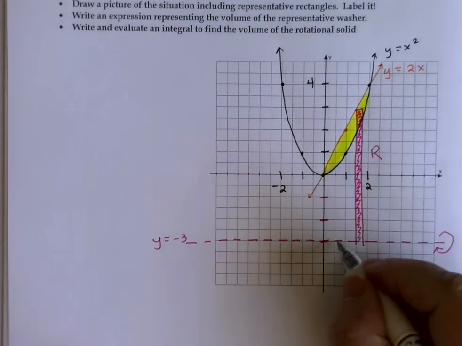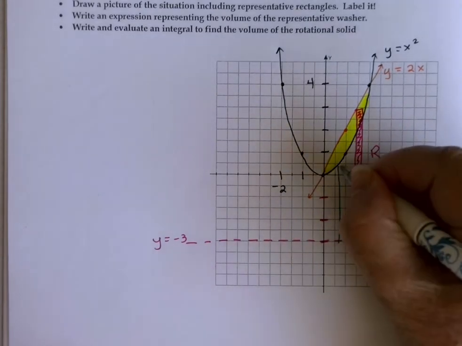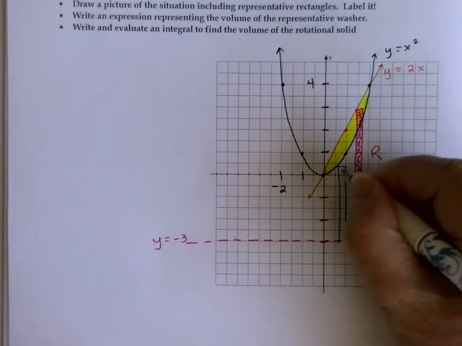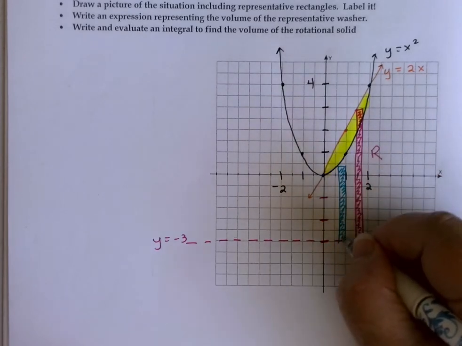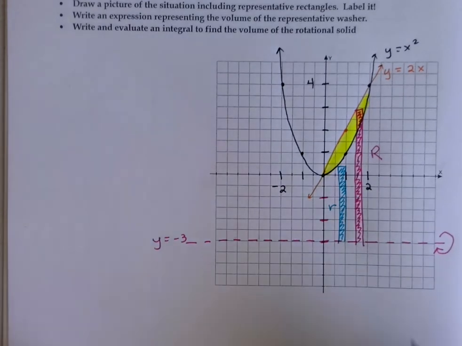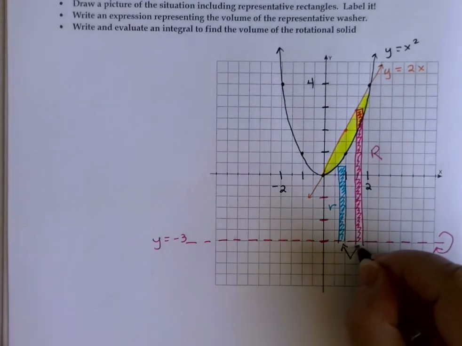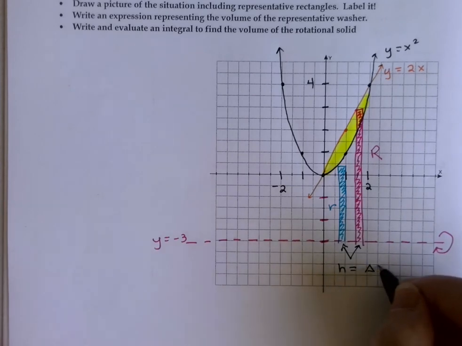Small r goes from the axis of rotation to the closer graph, so that would be in here. And h, for both of these, a little piece in the x direction, so h is delta x.